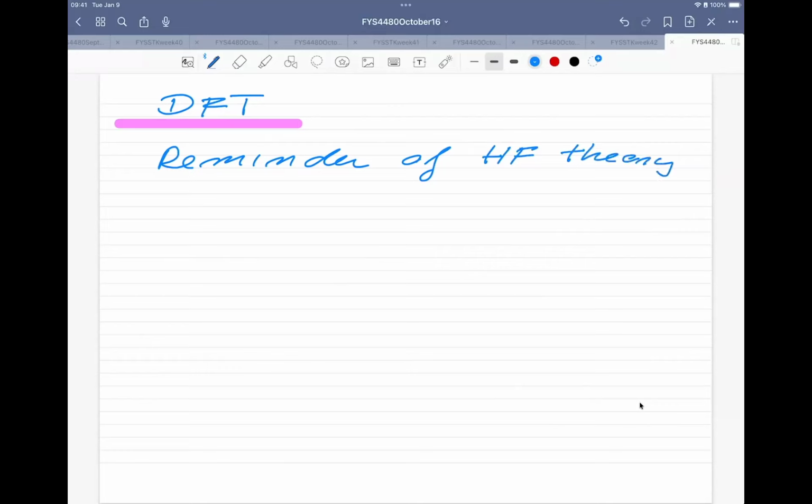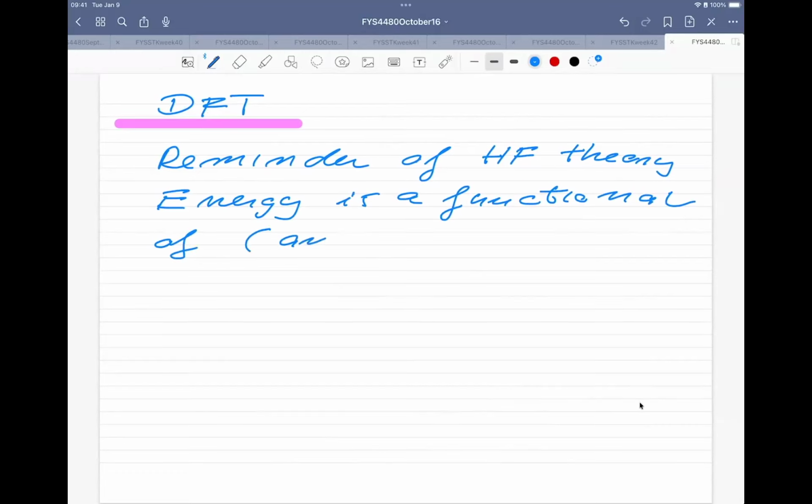So what we have done is to assume that the energy is a functional of an ansatz for the wave function. Is a functional of, and I'm putting this into parentheses, an ansatz.